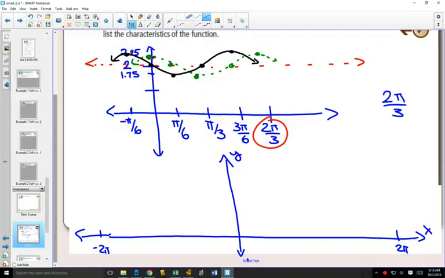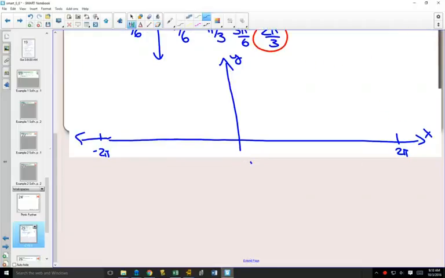Well, that's just taking 2 pi and dividing it into 3 equal sections. Does that make sense? That if I look at 2 pi here and divide it into 3 equal sections, this would be 2 pi over 3. This would be 4 pi over 3, and the same thing over here. I could divide it into those equal sections.